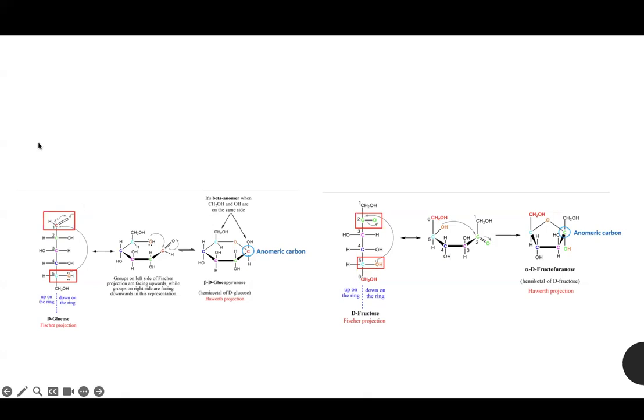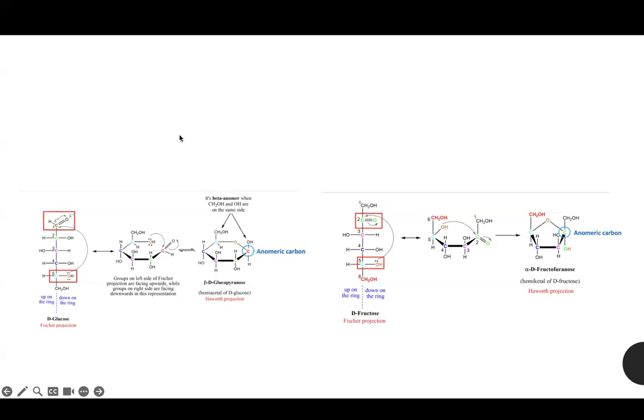Right here, we have an aldehyde, and that will react with that C1 carbon, and we will not have a substituent on the anomeric carbon. This right here is a beta anomer, because look at this OH group, it is in the same orientation as this CH2OH.